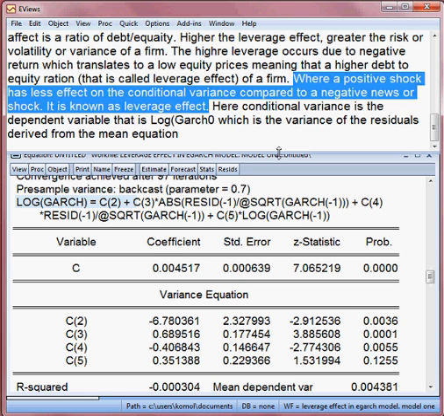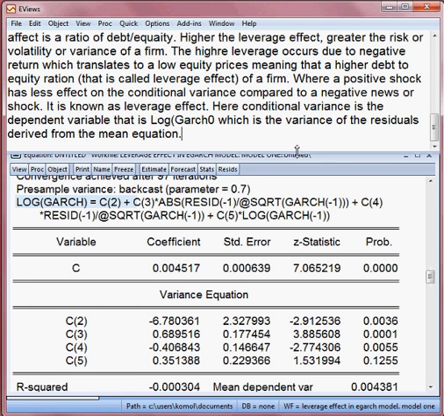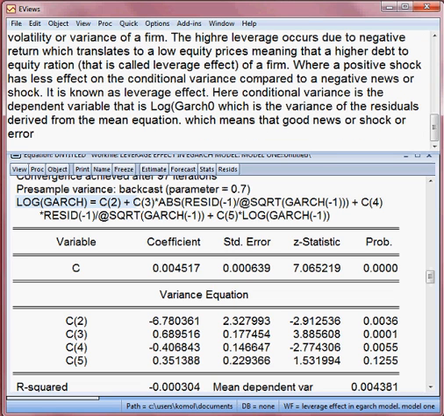Which means that good news, shock or error generates less variance or volatility than bad news.